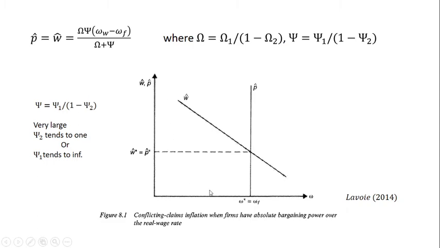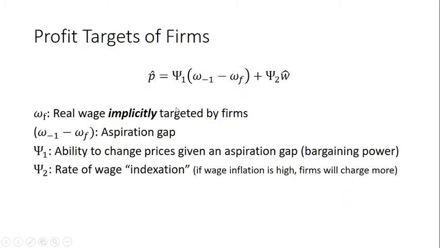Here we have a sort of special case where firms have absolute bargaining power over the real wage rate. So in this case, we have phi 2, which tends to 1. So going back to our equation of the inflation rates, it just means that all changes in the wage rates are perfectly indexed to changes in prices.